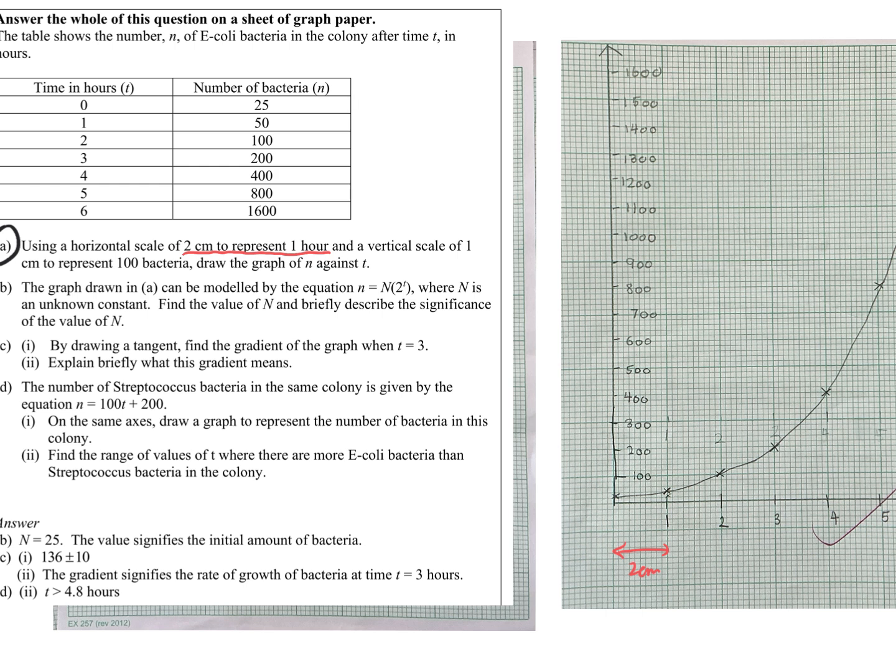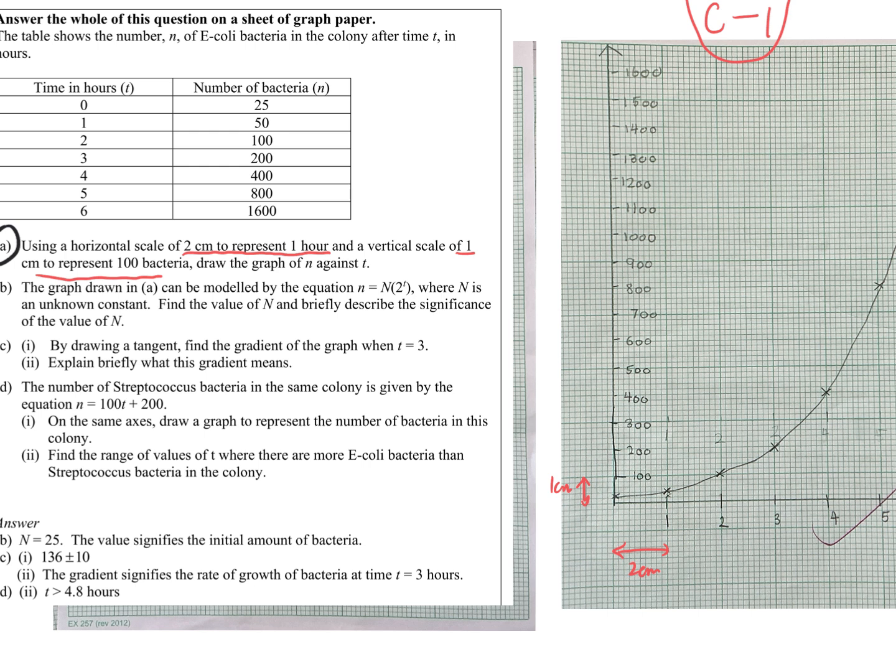So it's correct. Then they say the vertical scale is 1 cm for every 100 bacteria. So 1 cm for 100 bacteria. So the scale is 1 mark. Check all the plots. All correct. Your curve passing through everything and it's smooth. So 3 marks. So when you see like that, you know you got the 3 marks already.